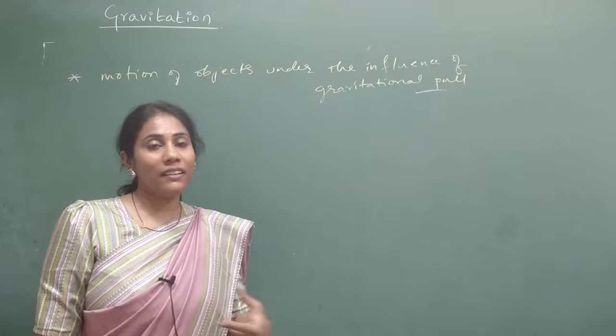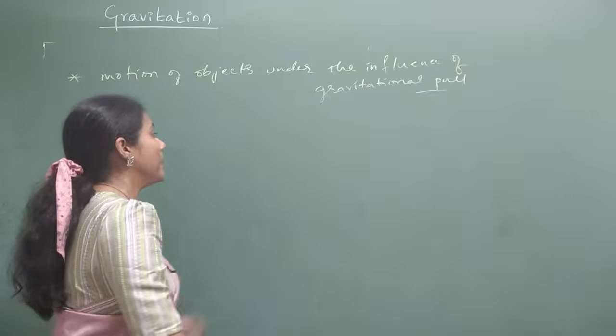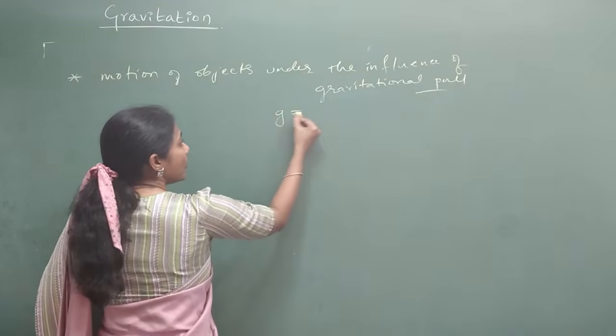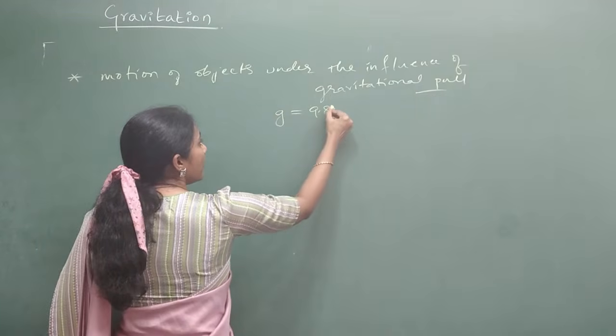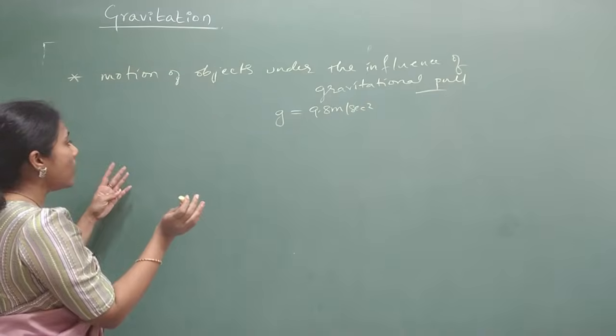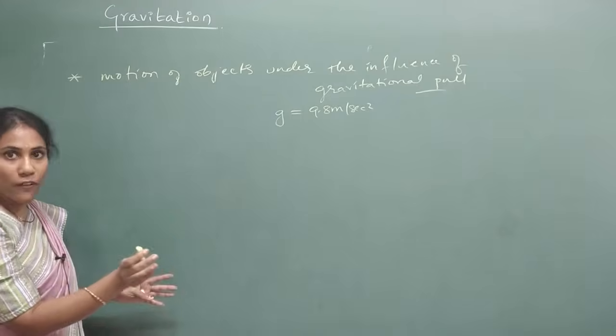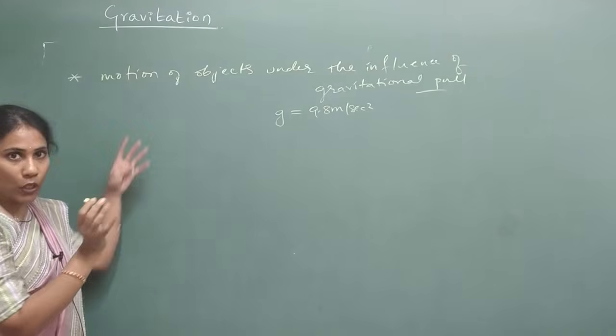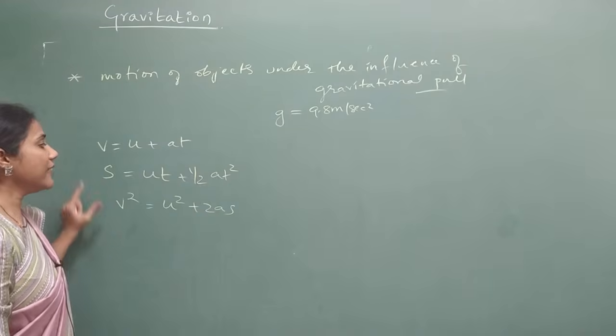The objects will always experience an acceleration of around g equal to 9.8 meter per second square. In the previous chapter we studied 3 equations of motion, right? So let me write all those equations now.